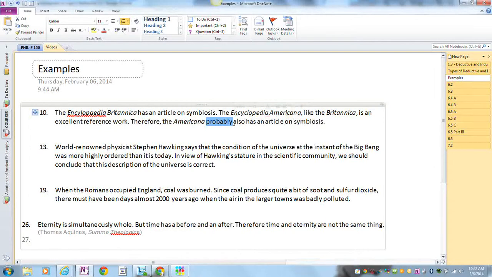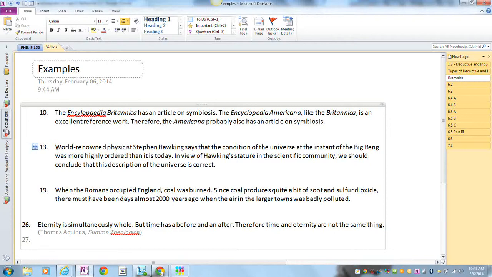Maybe the Encyclopedia Americana has different kinds of entries. Maybe the material is organized differently, and so there isn't an article on symbiosis, or the information on symbiosis is built into another article. But what counts here is that the argument is based on an analogy, which is a pattern of inductive reasoning.